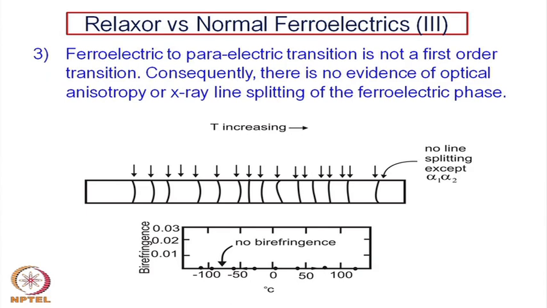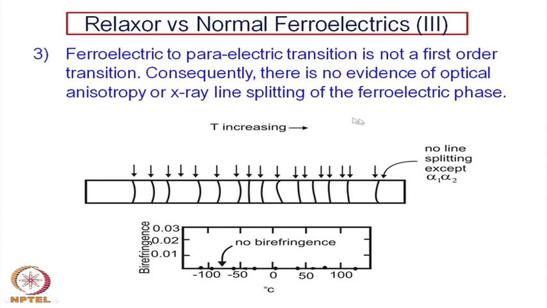of normal ferroelectric materials. Because of the ferroelectric to paraelectric transition at the Curie point, there is always evidence of optical anisotropy from one crystal structure to another, and it is also associated with what we call X-ray line splitting of the ferroelectric phase.